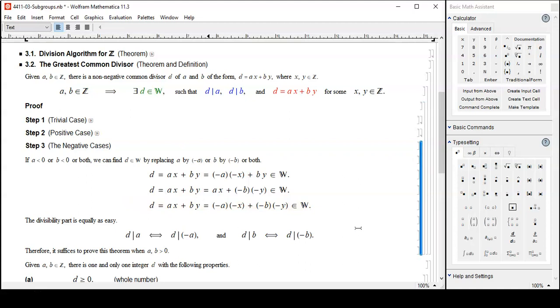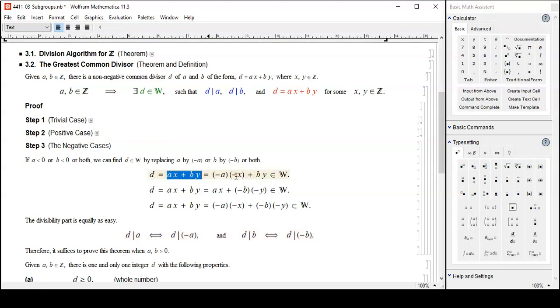As for blue, well, d divides a is equivalent to d divides negative a, and same for b. So whether we have negative a or a, what's the difference in terms of dividing? No difference. So we're going to get blue as well. Make sense?